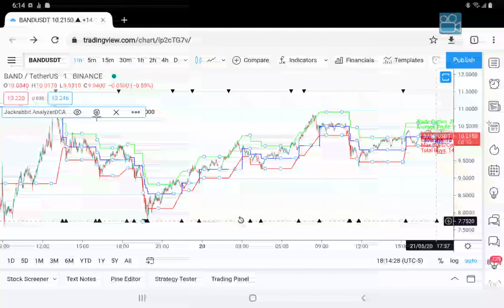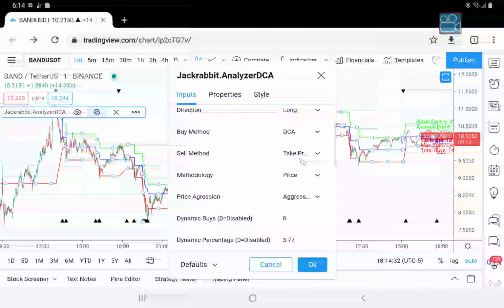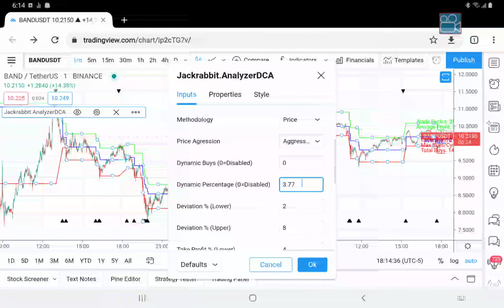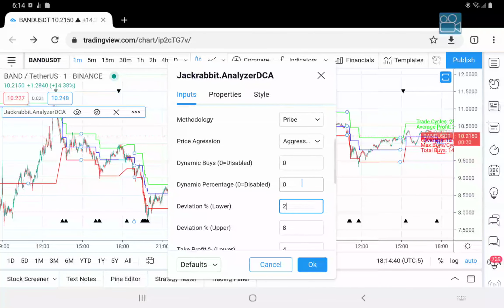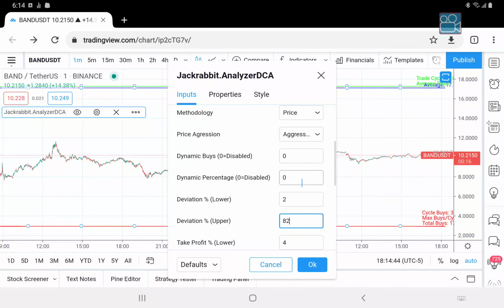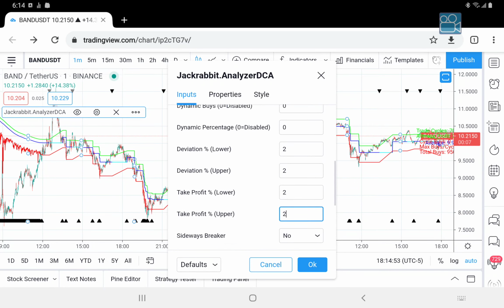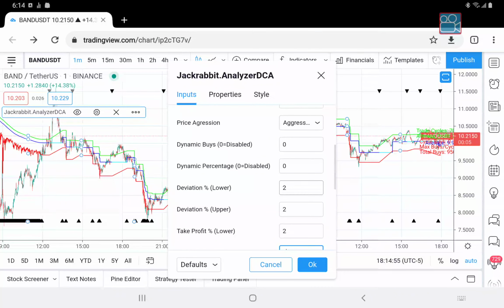Okay, so let's reset everything and go through it again. Let's shut everything back off to the default settings. Okay, here's the defaults that everything starts out as.